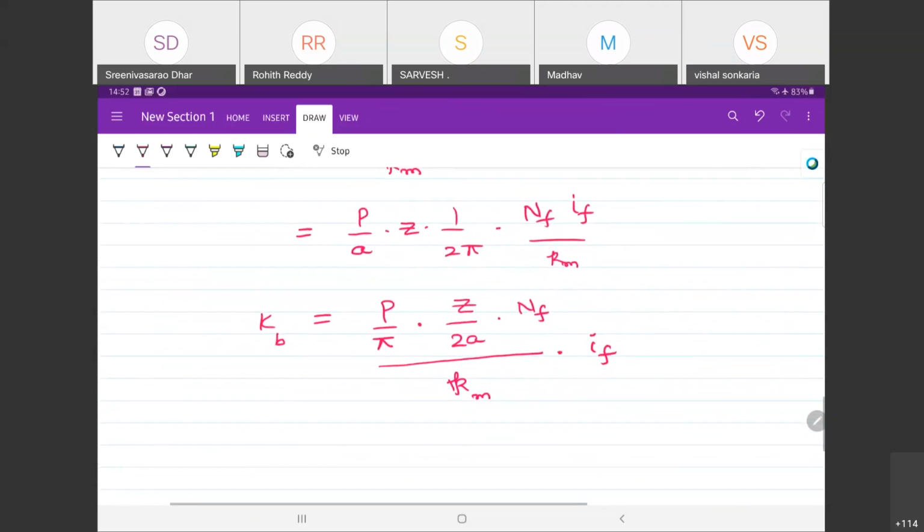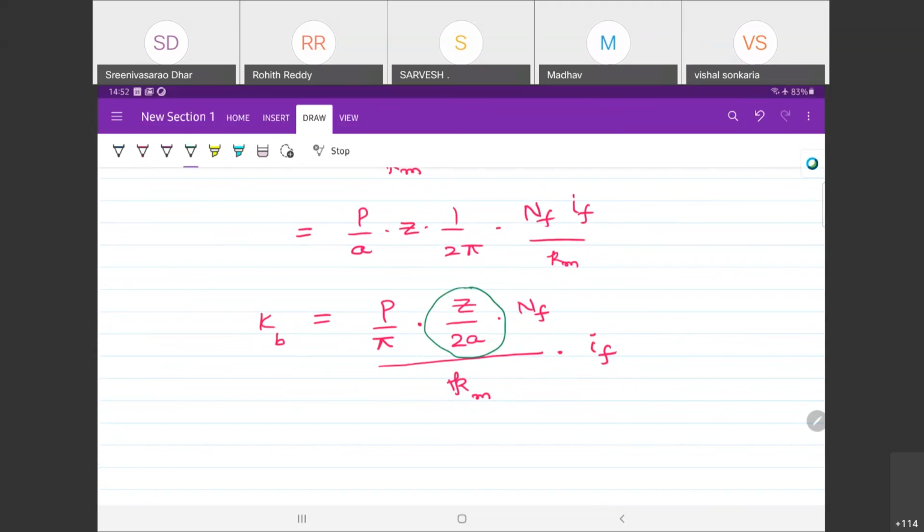Here, if you notice, there is this term P by pi, and this term Z by 2A.